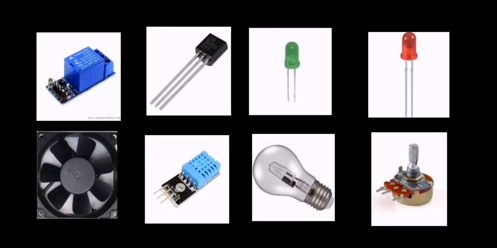The temperature sensor used in this project is the DHT11. This sensor measures both the ambient temperature and humidity. The DHT11 has three main connections: power, ground, and data output.